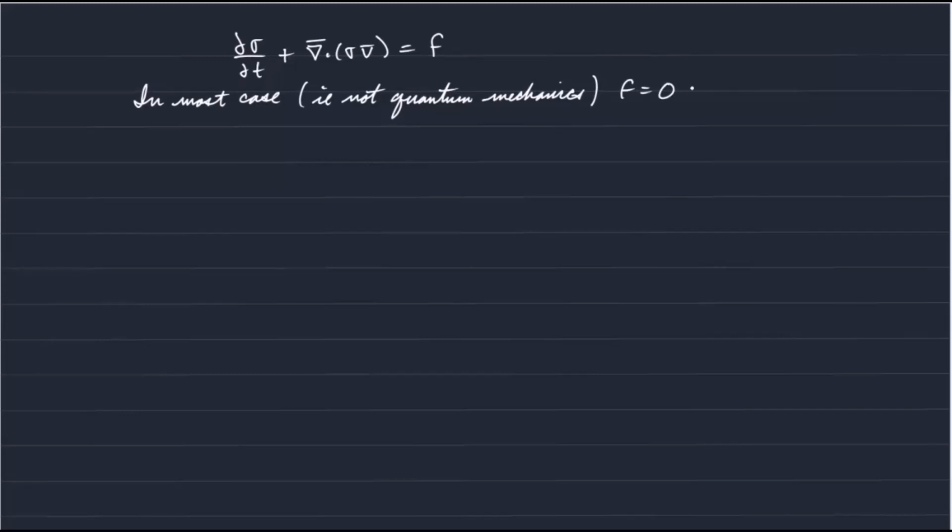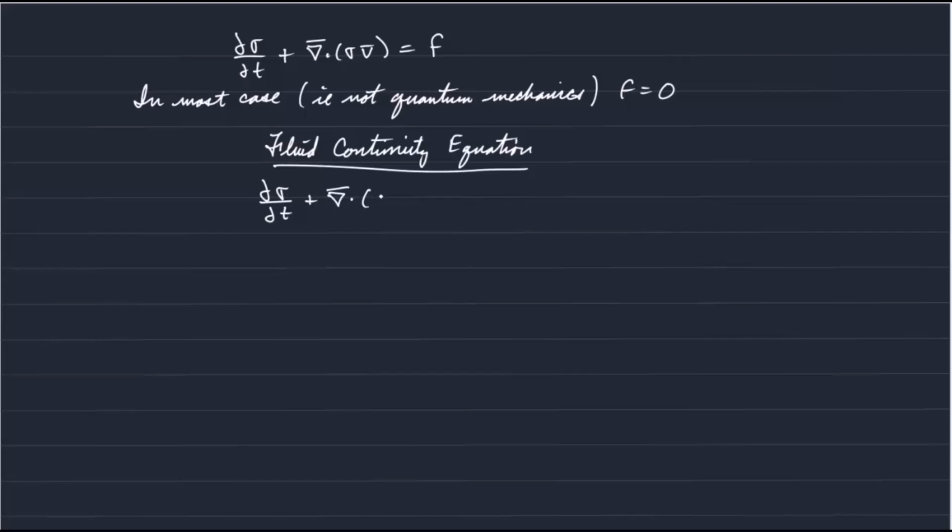There's no source of mass. So the fluid continuity equation that we can use is a partial differential equation. We've eliminated our integral equation, and we're left with a partial differential equation in terms of density and velocity.